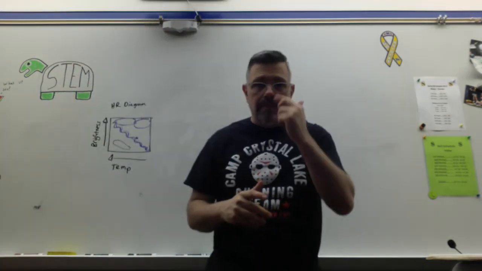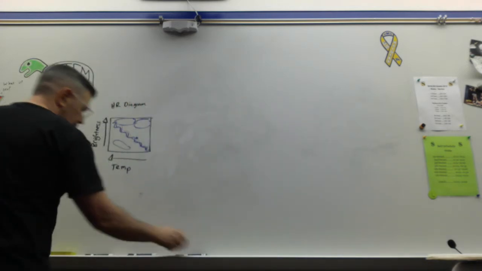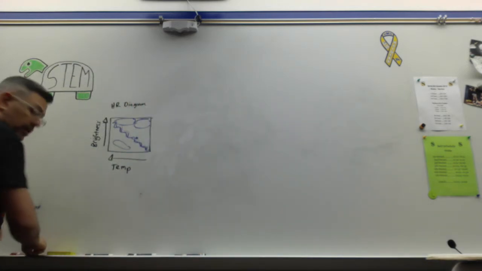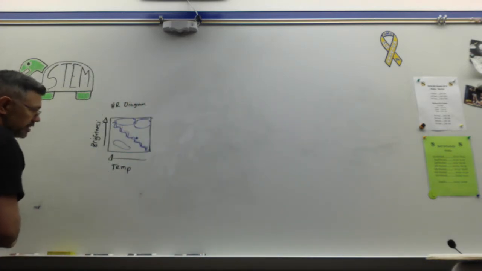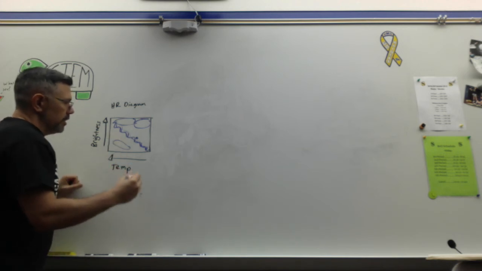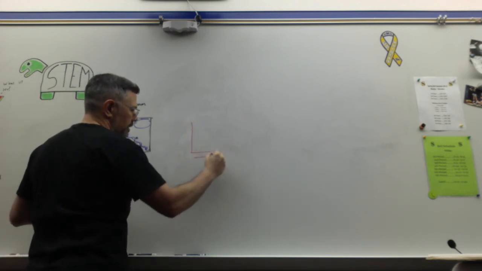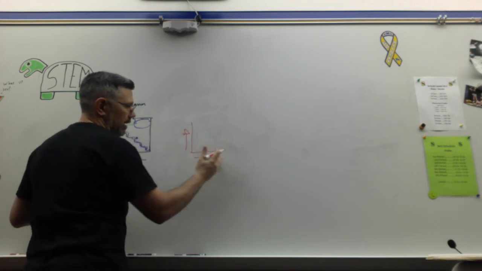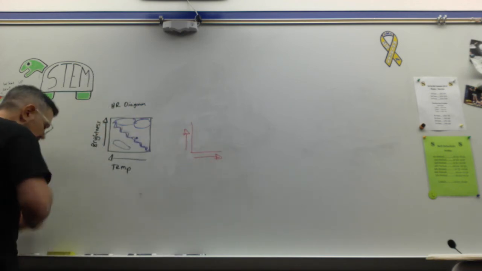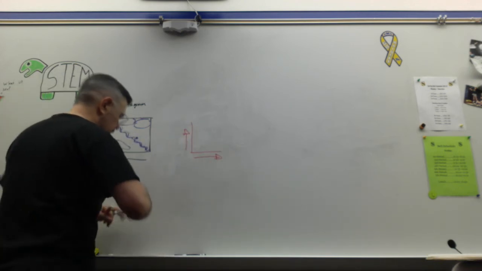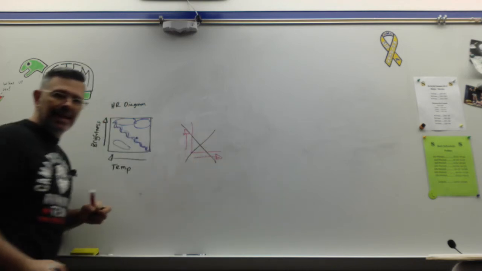Let's talk a little bit more about the HR diagram. As you're looking at the HR diagram, you can notice that on a normal x-y axis graph, you know that things typically increase in one direction naturally, but not in the case of the HR diagram. It's not the same in this case.